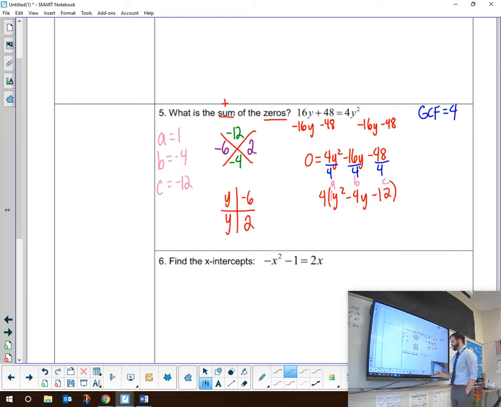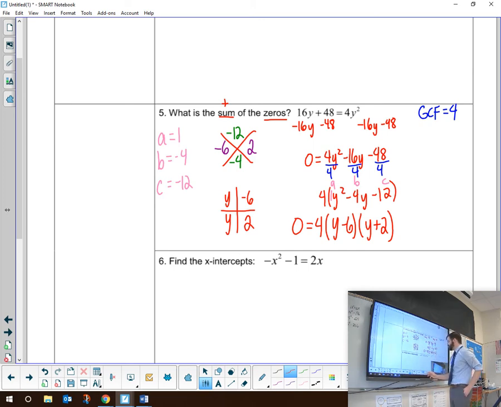Here's my two things that I can fill in over here. So we're going to put those back together. We're going to go 4 times y minus 6 times y plus 2. And remember, this equals 0. So now, to solve my equation, we're going to take my factors and set them equal to 0.